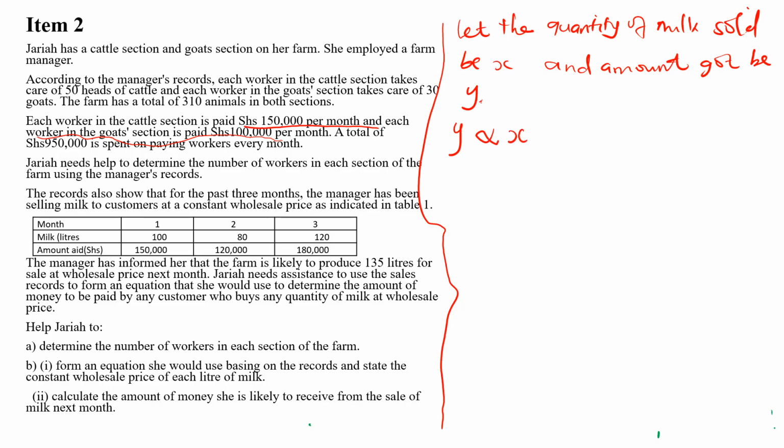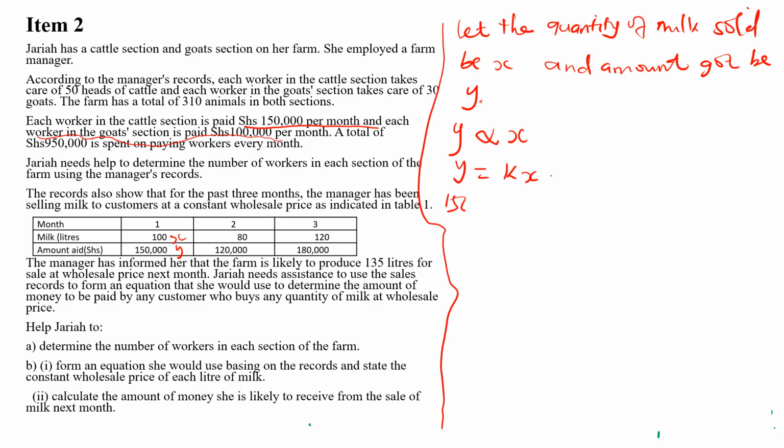So we shall come and we say that y is directly proportional to x. To remove this proportional sign, I'll come and I say y is equal to kx, of which k is the proportionality constant. Now come and pick 2 results here. You can choose this one to be x and then this one to be y. Any of these 3, the one you use, you will get the same answer. So when x is 100, y is 150,000.